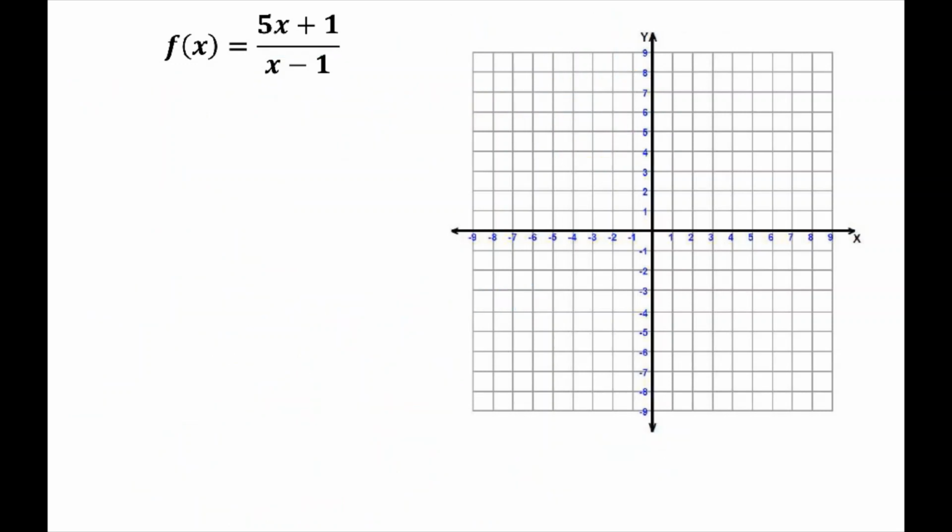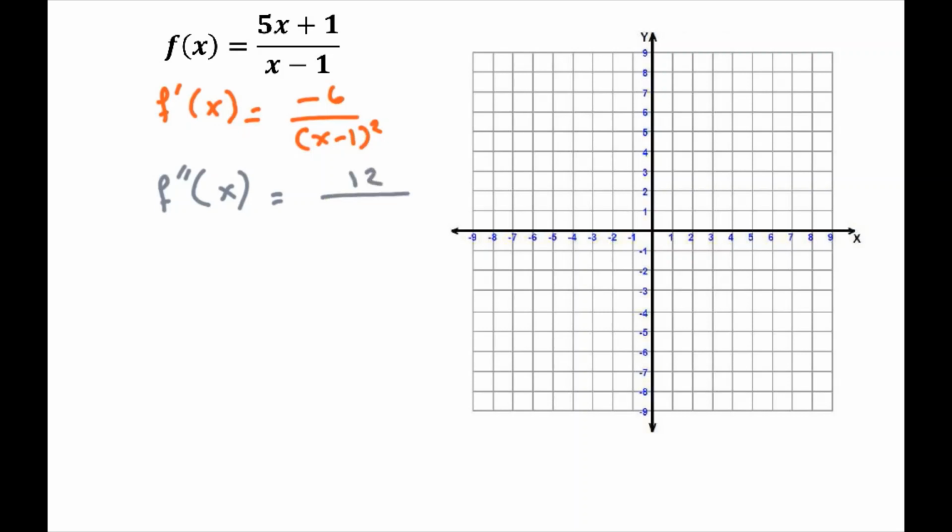Okay, now let's find the second derivative. So f prime of x was negative 6 over (x minus 1) squared. I need to find the second derivative. And again, you can do it. I'm going to write the final answer. It's going to be 12 over (x minus 1) to the power of 3.